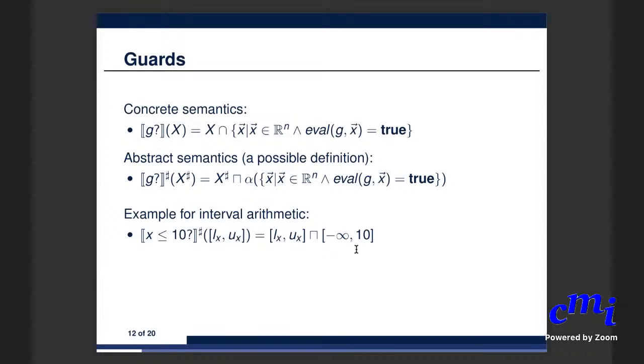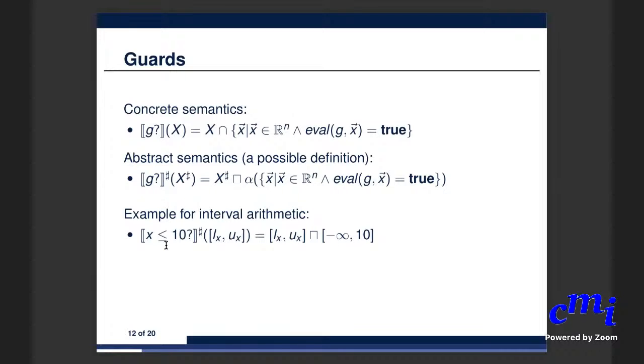Therefore, I could express the set of values for which this is true as minus infinity to 10, and then take the meet of these two things, which is the greatest lower bound of these two intervals.